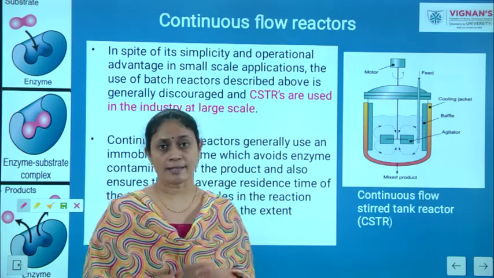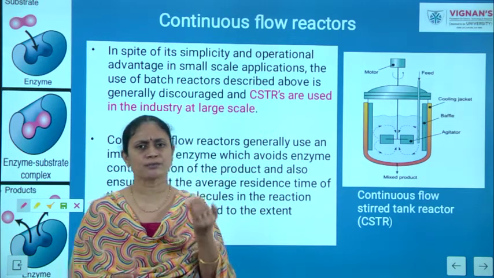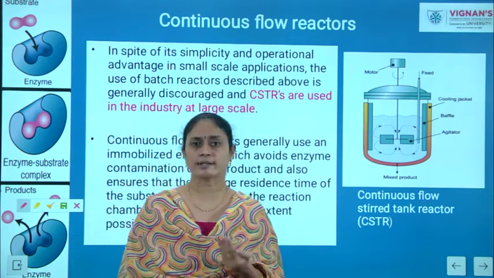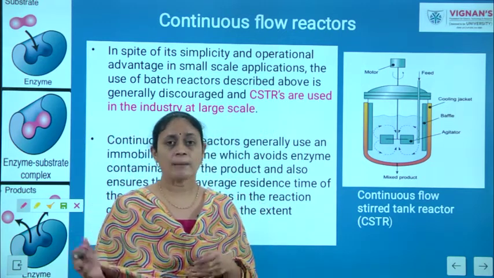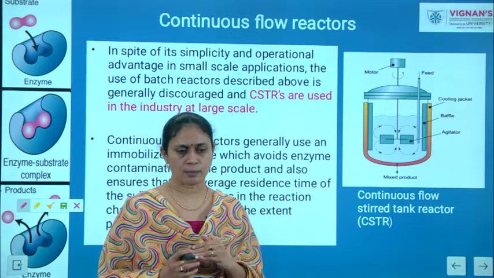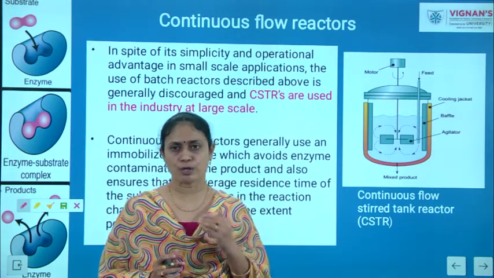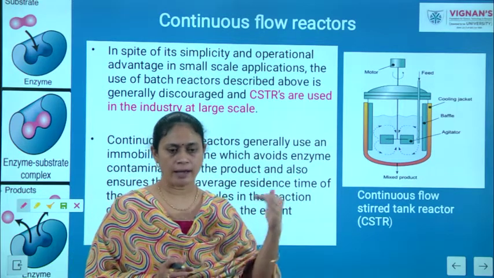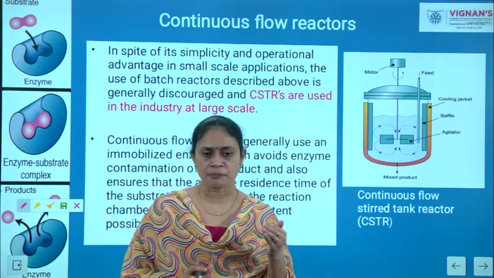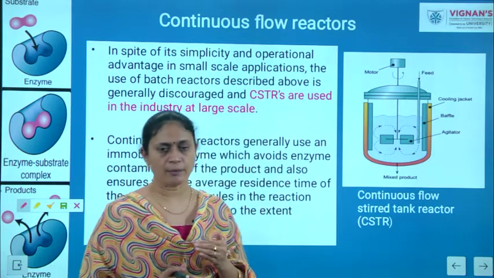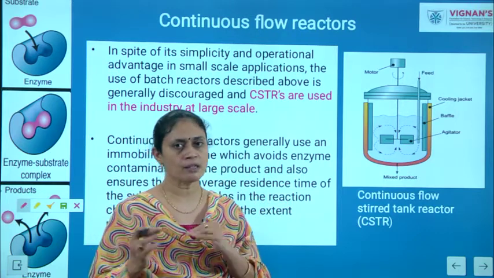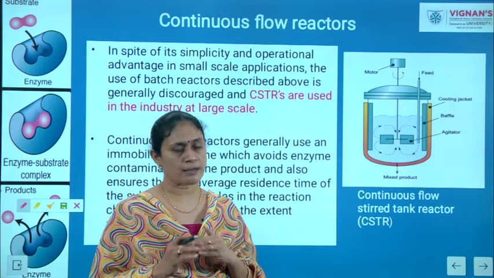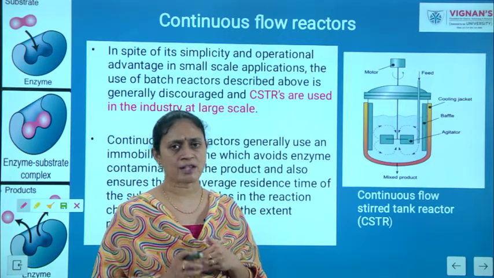In the last class, I discussed the major difference between a batch reactor and a continuous reactor. A batch reactor is one in which we produce the desired product in batches, adding the substrate only once and removing the product from the reactor only once after completion of the reaction.